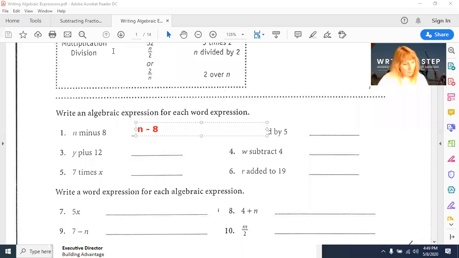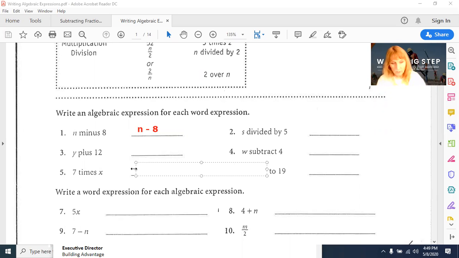Okay. Number 5, let's take a look at that one. That one says 7 times x. When you do multiplication with variables, you just write 7x. That means 7 times x. You don't put the times in the middle. It would look weird to write 7 times x with a symbol, so they stop putting the times symbol in between.